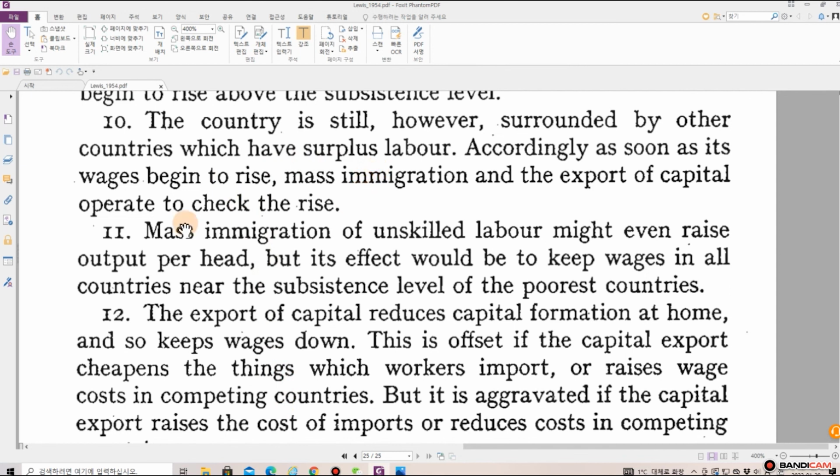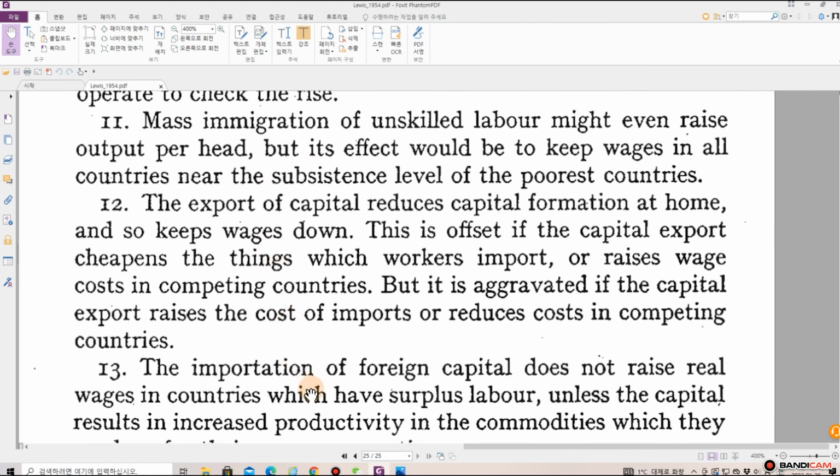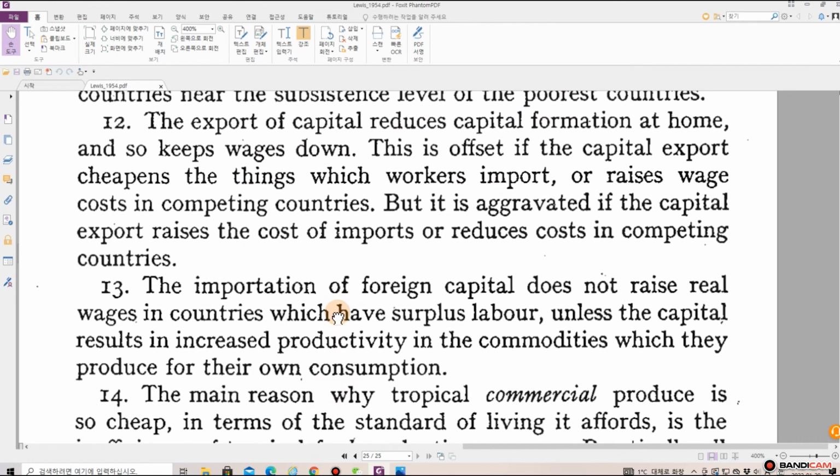Accordingly, as soon as its wages begin to rise, mass immigration and the export of capital operate to check the rise. 11. Mass immigration of unskilled labor might even raise output per head, but its effect would be to keep wages in all countries near the subsistence level of the poorest countries.